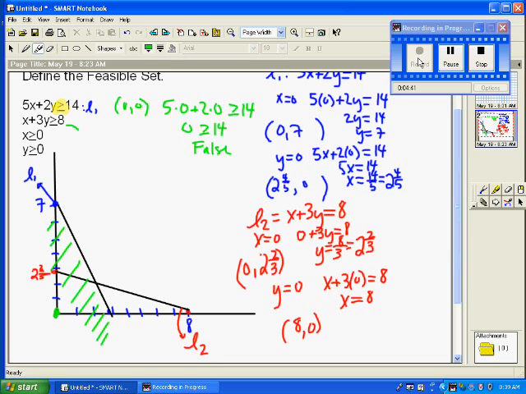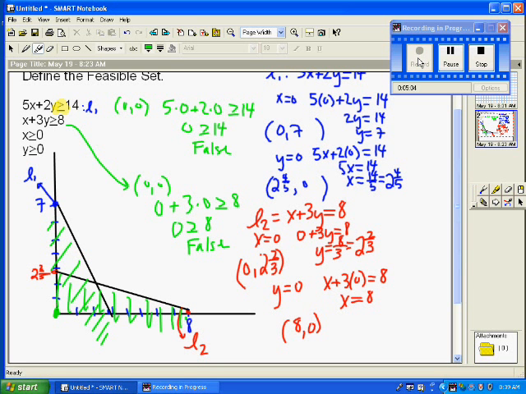So then if I go ahead and do the same thing down here and plug in (0, 0), I've got 0 plus 3 times 0 is greater than or equal to 8. 0 is greater than or equal to 8 is false, which means that all the points on this side of the line are going to be false. I'm going to cross them all off.